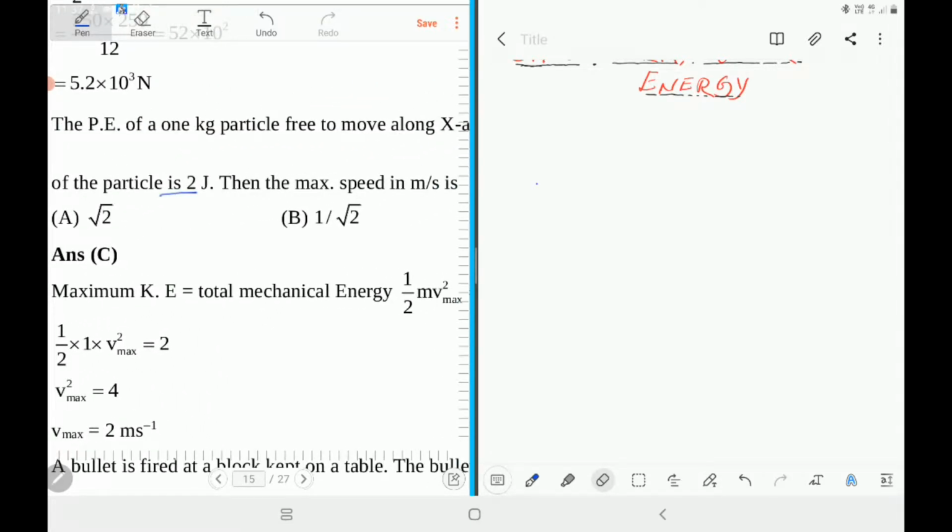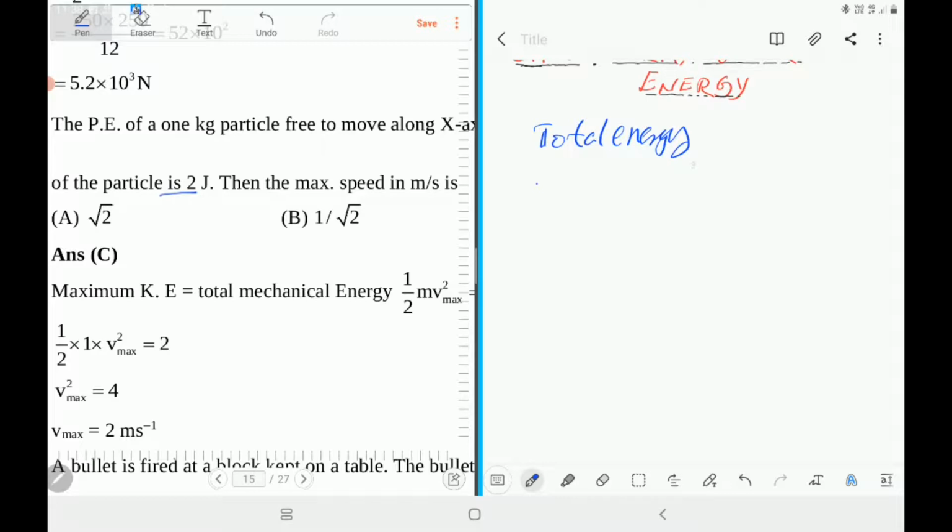Maximum speed is, here in our discussions, the energy is conserved. Always. According to our discussion of a pendulum or spring or a body moving in a gravitational field, total mechanical energy is equal to maximum potential energy, and that is equal to maximum kinetic energy.